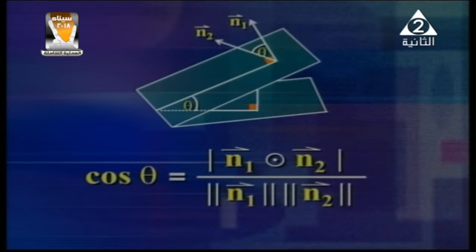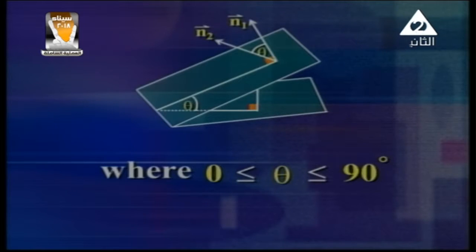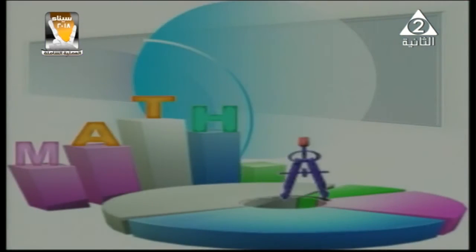When we find cosine theta, we find theta as shift cosine, the result to calculate the angle between two planes, where angle theta is greater than or equal to 0 and smaller than or equal to 90 degrees.